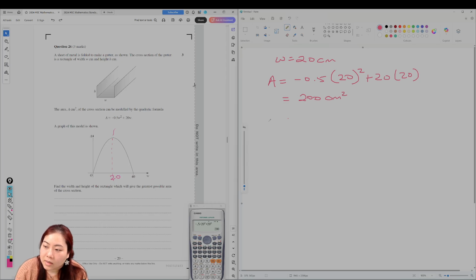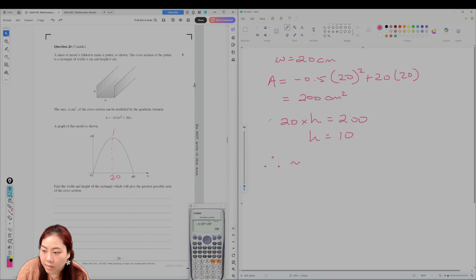If that's the case, then because 20 times height equals 200, height equals 10. 200 divided by 20 is 10.